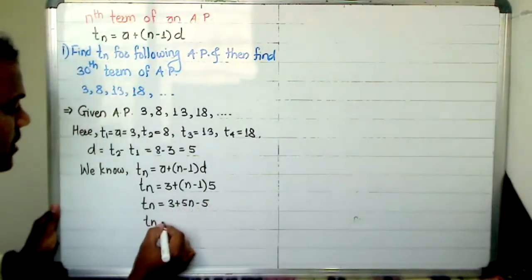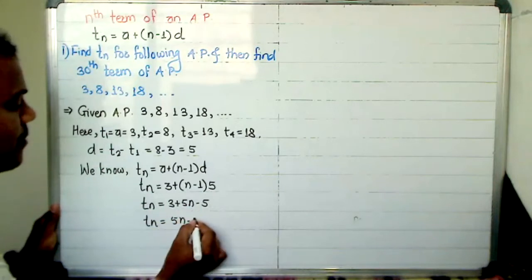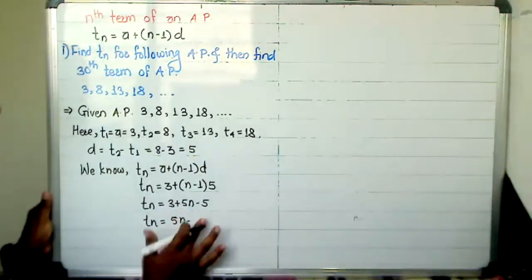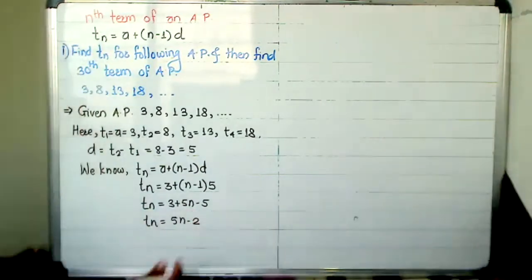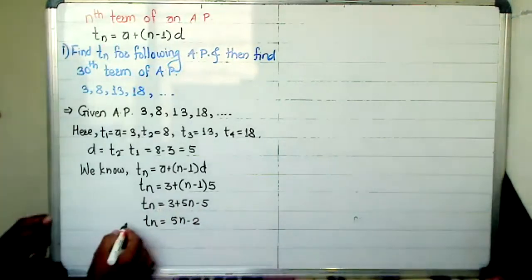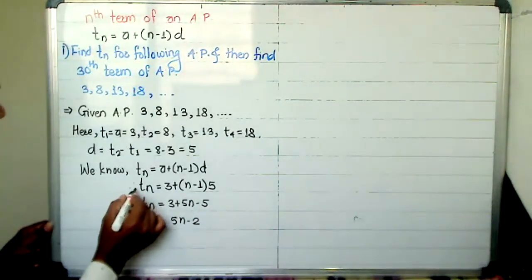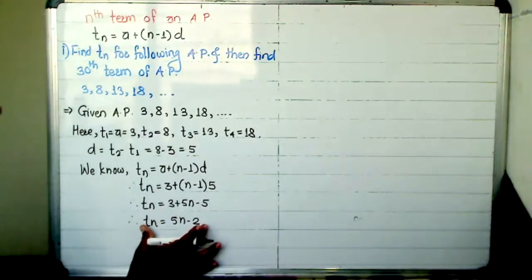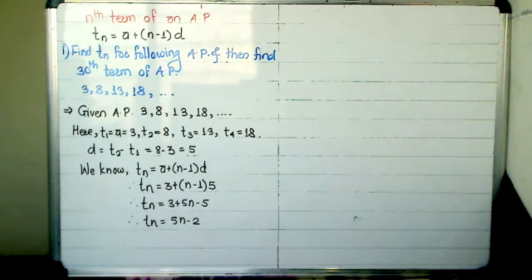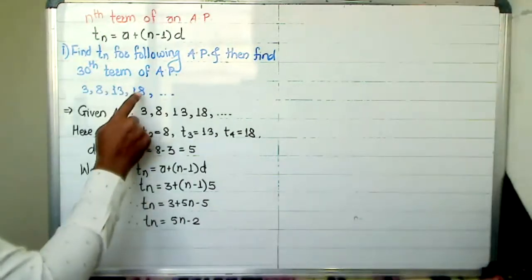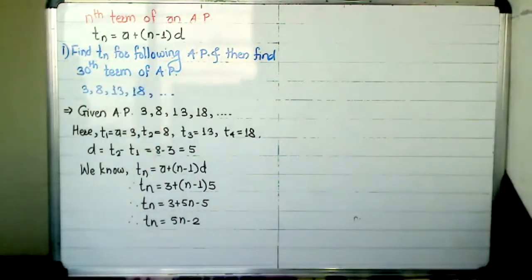So Tn is equal to 5n minus 2, since 3 minus 5 is minus 2. This is the unique formula to find the nth term, and it is only applicable for this given AP.